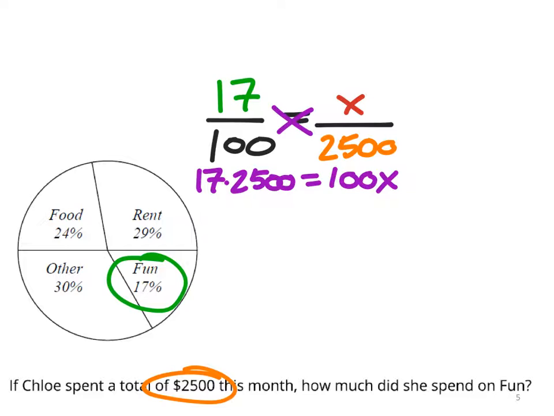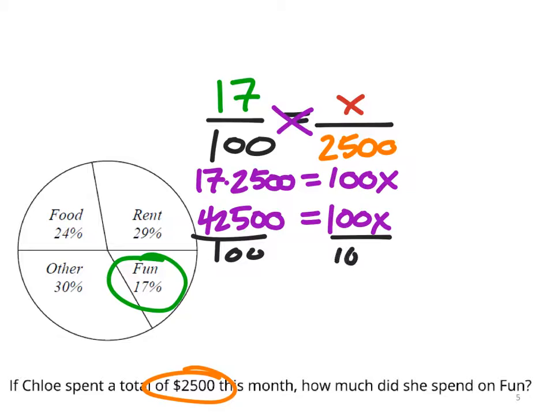There we go, which shows 42,500. And this still equals 100x. So just to finish solving this one, we'll divide both sides by 100 to just get x, and it really just cancels out the zeros there to make that 425.